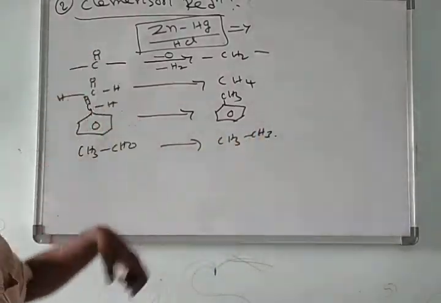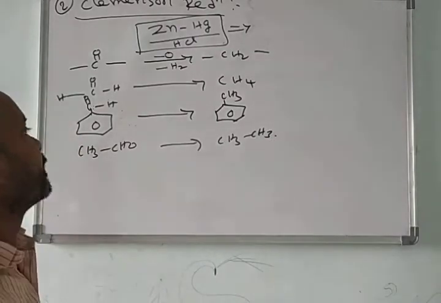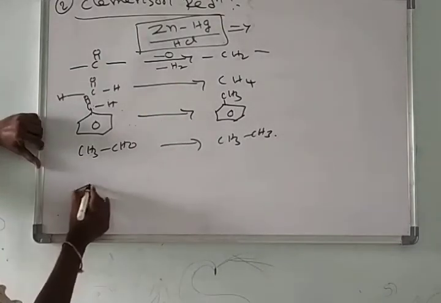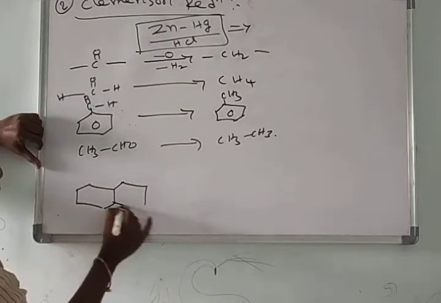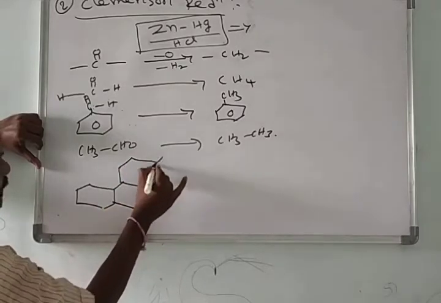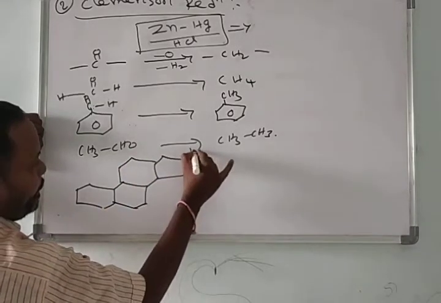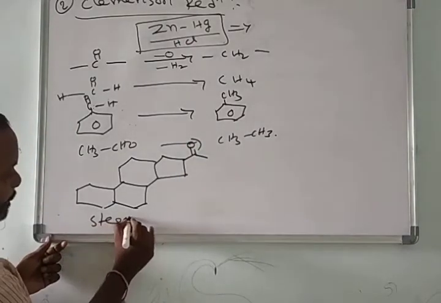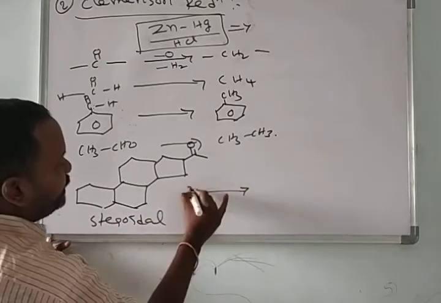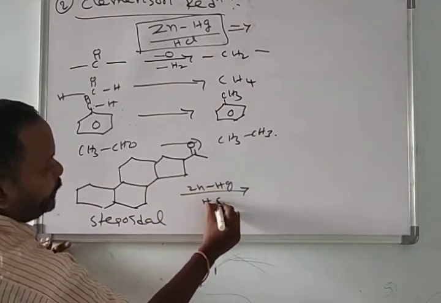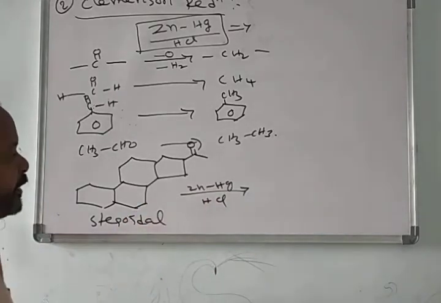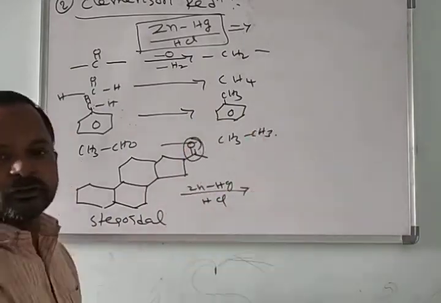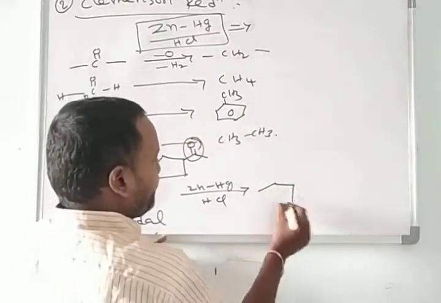You can take any molecule and we will get the CH2 functional group. Here I am taking one simple steroidal molecule. If you add zinc, mercury, hydrochloric acid, there is no change in the rest of the molecule, but the C=O group converts into CH2.